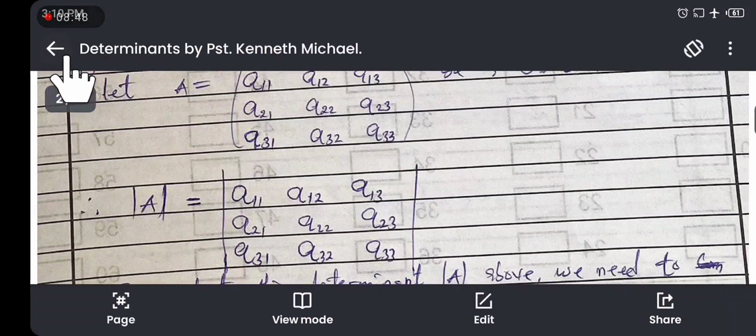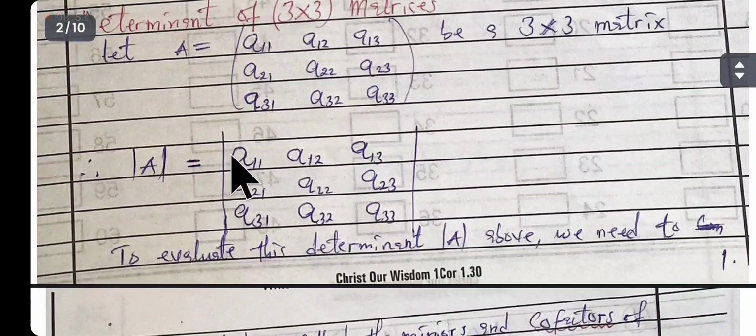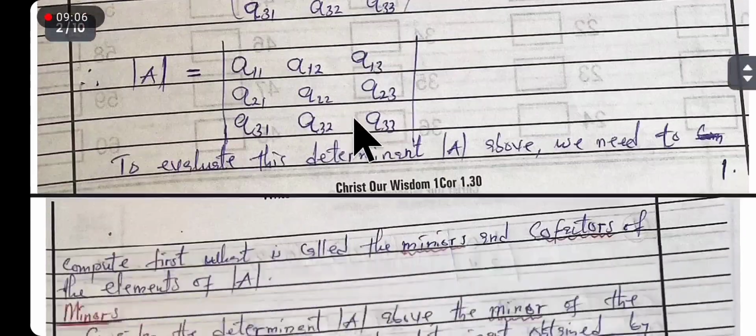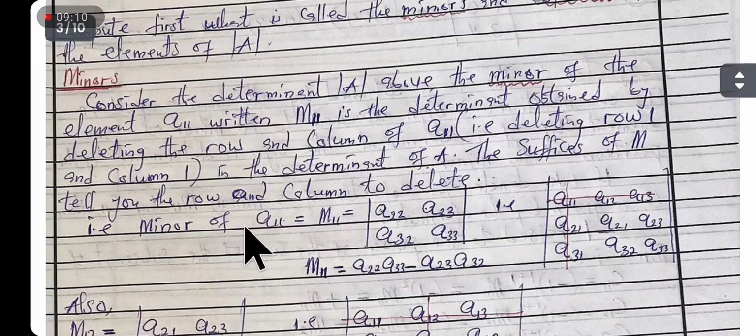Okay, so now look at what I'm talking about. By the time you delete this column and this row, you are left with A22, A23, A32, A33. That is what you extract, and that will be the minor. So the minor of A11, M11, equals A22, A23, A32, A33.